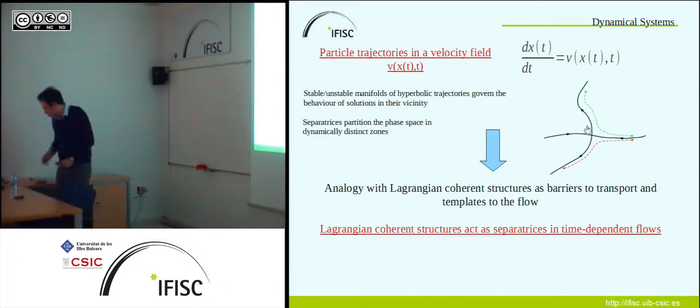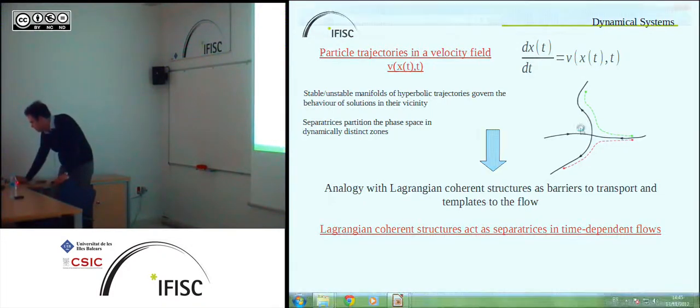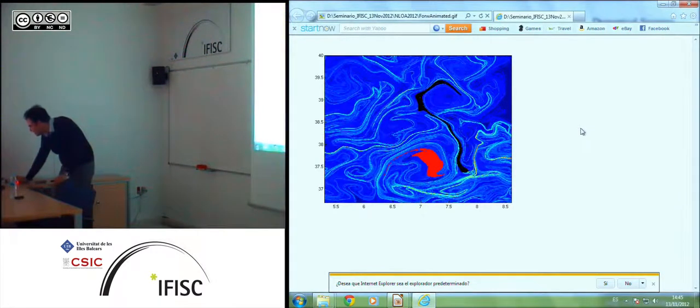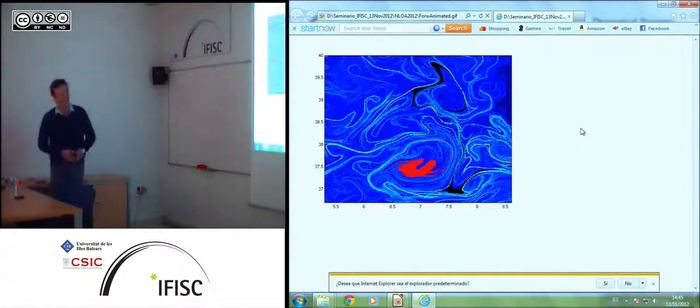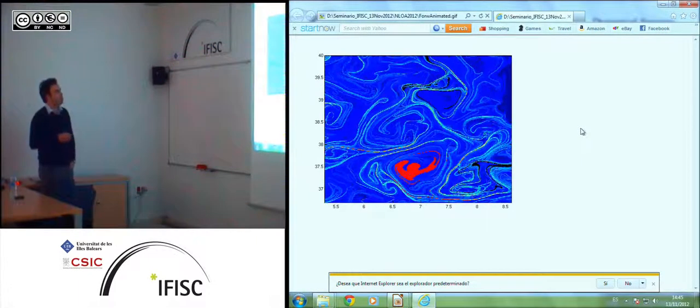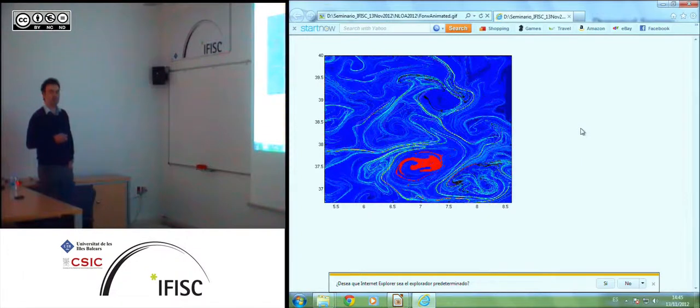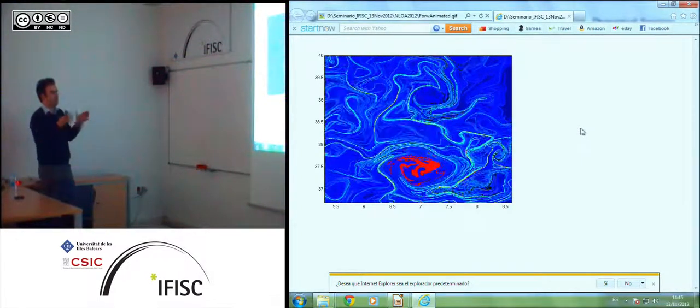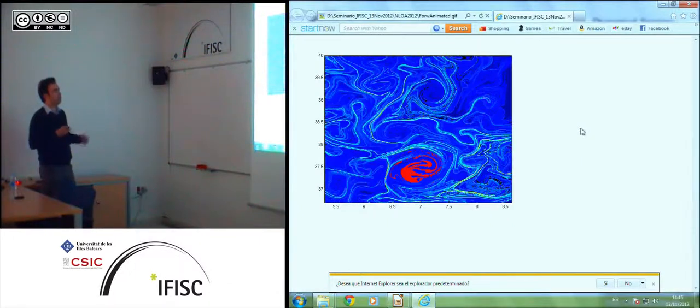So I'm going to show you an example of what I mean. This is an animation that Emilio has kindly allowed me to use. You can see the two patches of particles. So it's fluid material, it's not a scalar field that we're looking at, we're looking at fluid material.